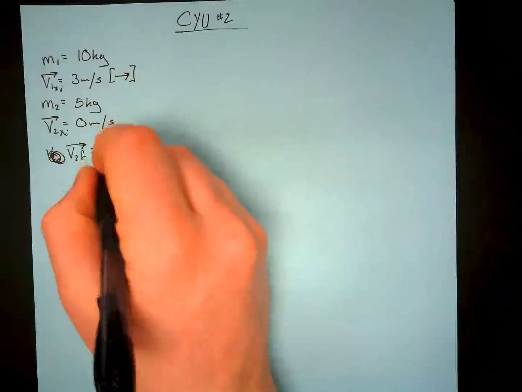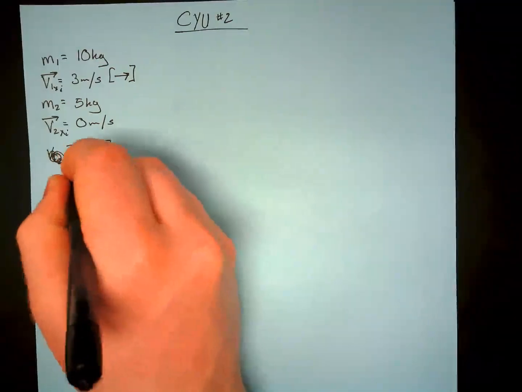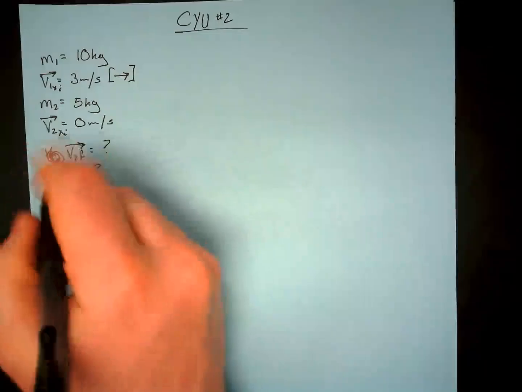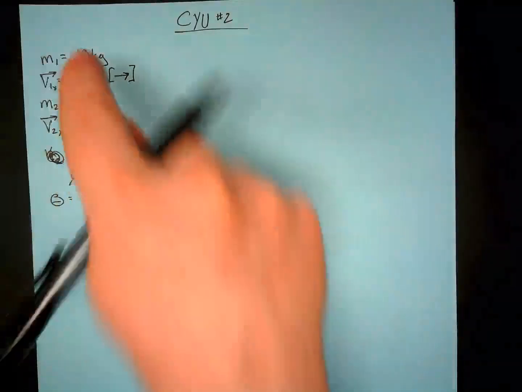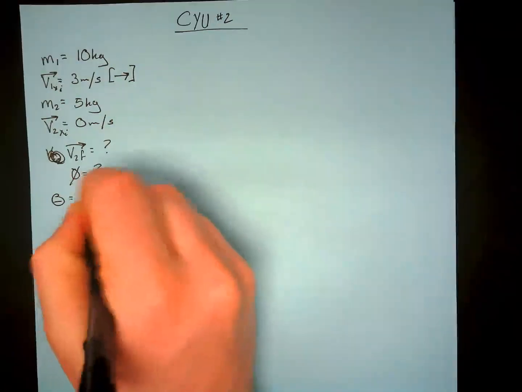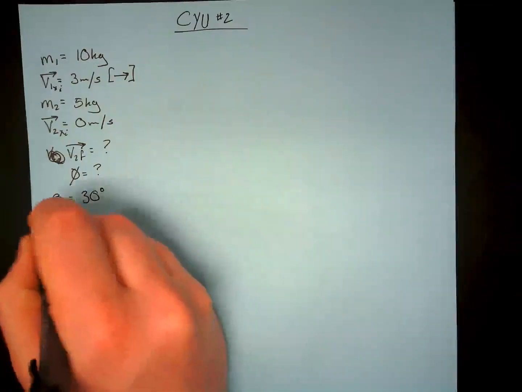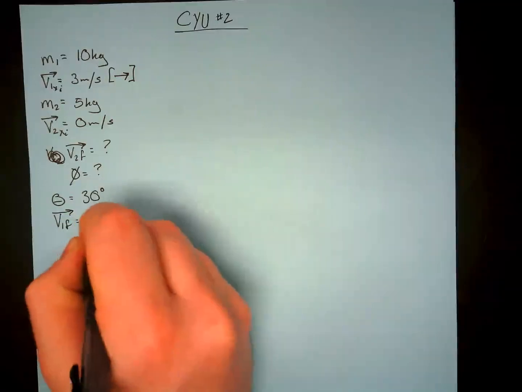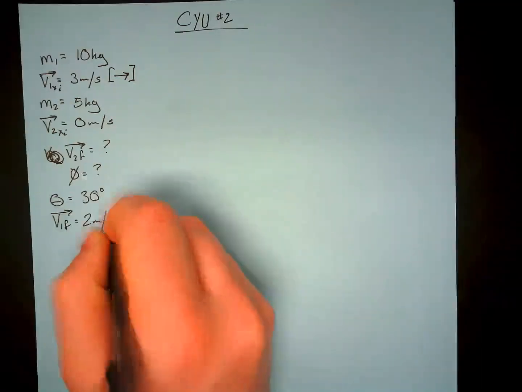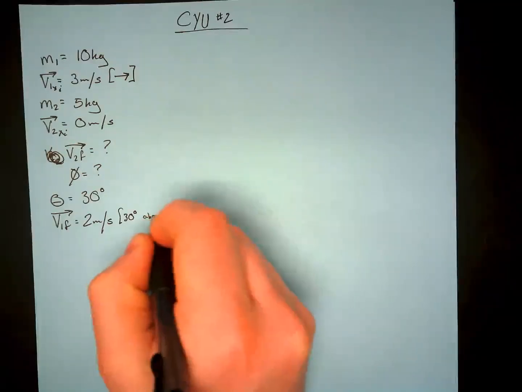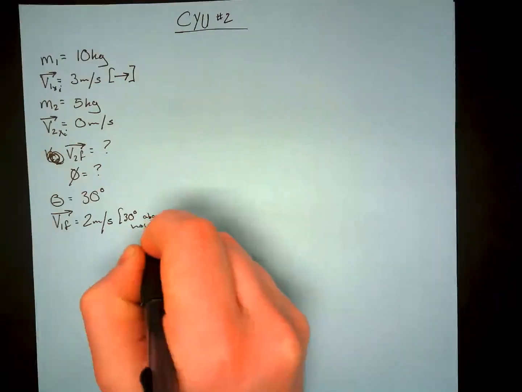Also, we don't have its angle, but we do have theta for our first object, which is 30 degrees. And we also have the final velocity for our first object. We have that too, and that's 2 meters per second at that 30 degrees. And I'll even add that 30 degrees above horizon.